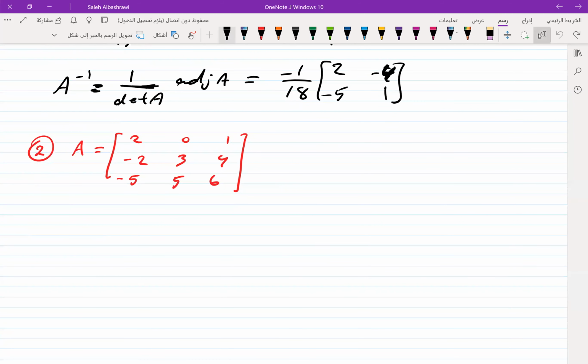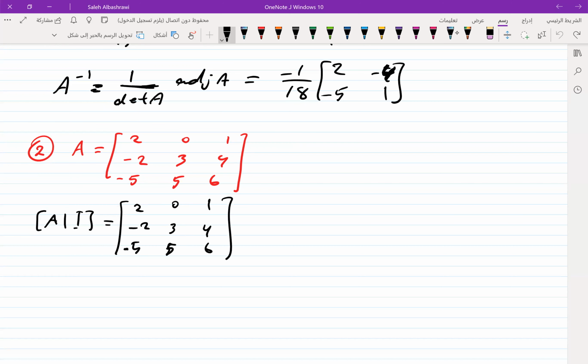In this one, I'm going to apply the second method, where I write the augmented matrix with the identity. That will be 2, minus 2, minus 5, 0, 3, 5, 1, 4, 6.